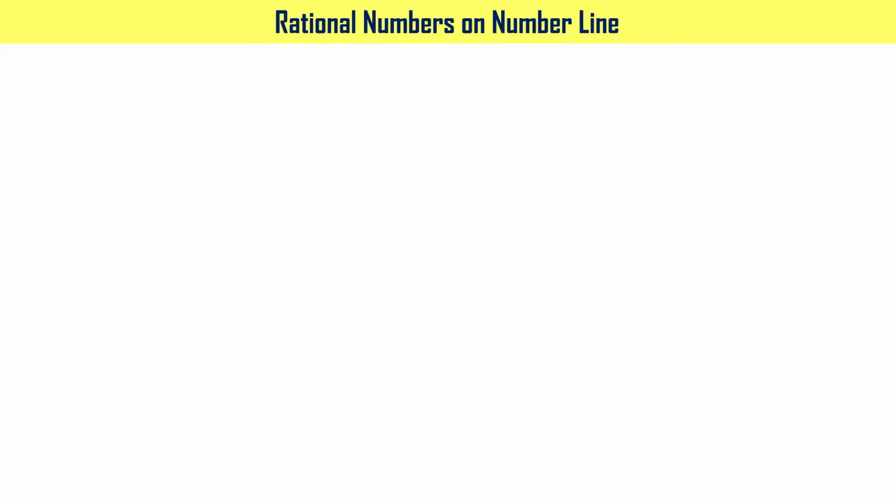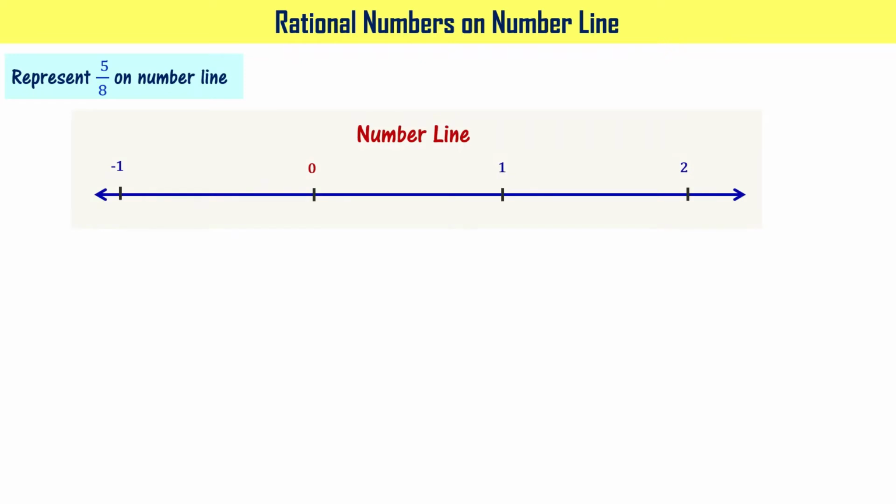We said that real numbers are a collection of rational numbers and irrational numbers, right? So let's now understand how to represent rational numbers on the number line. For that, let's use this example. Represent 5 by 8 on the number line. 5 by 8 is a rational number, right? As you see here, we have a number line. I have chosen the number line from -1 to 2 for convenience's sake. You can have as long a number line as you want, right?